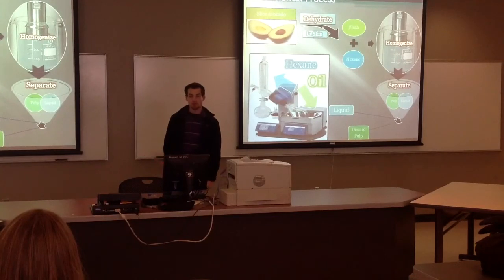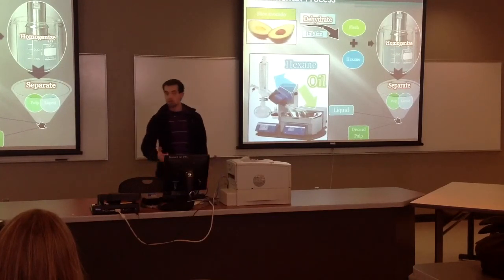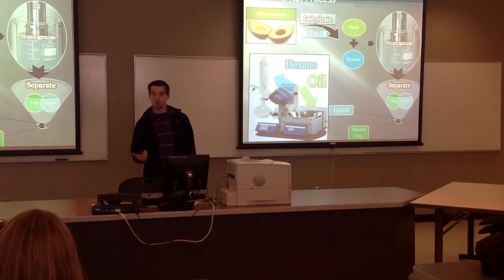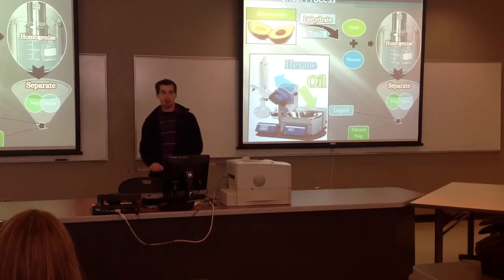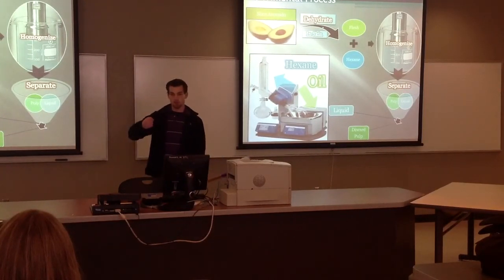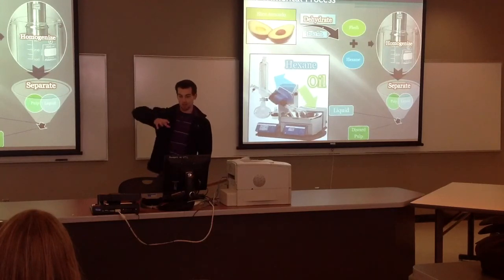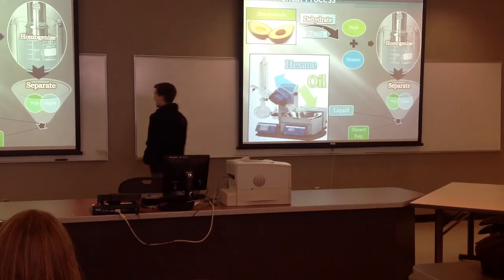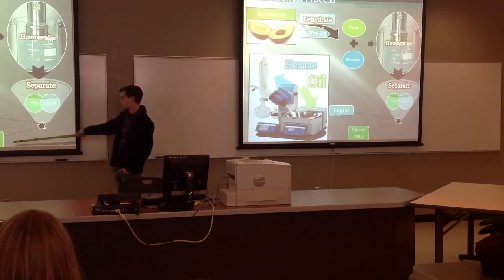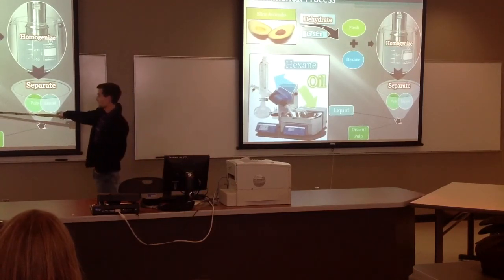We tried a Buchner funnel with filter paper and without filter paper. We also tried just decanting the liquid out and leaving the solid. And we also tried pressing in the Buchner funnel down on the solids to try to wring out what was left of the liquid. So once you've separated it, you have your pulp that you discard, and then this liquid, which is the hexane oil mixture.